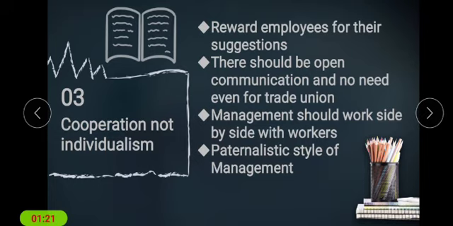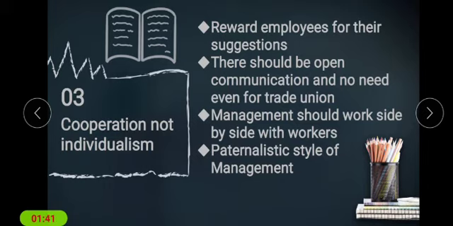Taylor advocated that a paternalistic style of management should be adopted by the manager. It is a very popular style used in Japan. Under this style, the whole organization is considered as one family.